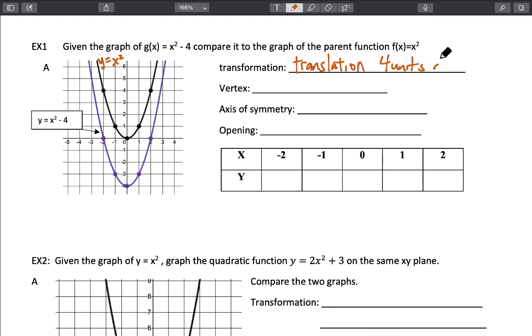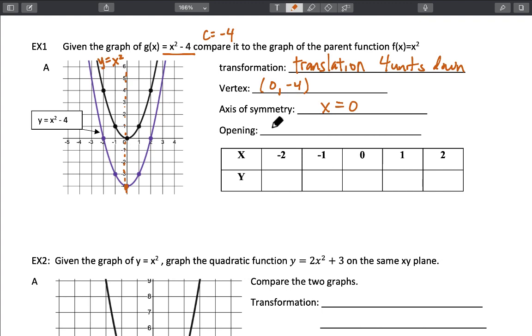That should make sense because if we go back to the equation, our c value here would be equal to negative 4. The vertex now slid down from 0, 0 down to 0, negative 4. The axis of symmetry, however, is still that vertical line through x equals 0. That's that dotted vertical line there, the reflection line of symmetry.